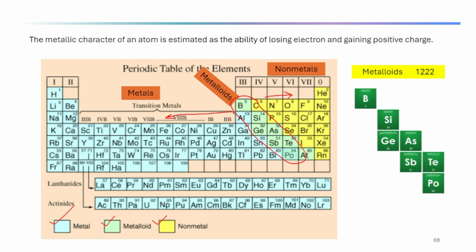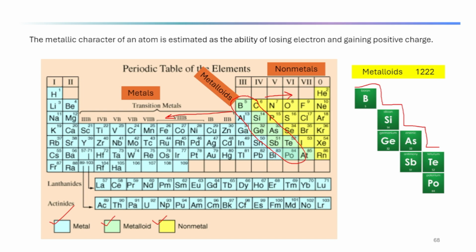Now one more thing, these are the metalloids: boron, silicon, germanium, arsenic, antimony, tellurium, polonium. So people remember it as a stair step. You get one step, again here one step. So as a stair step, we need to remember it. And in this stair step, I remember it as the 1 2 2 2 formula.